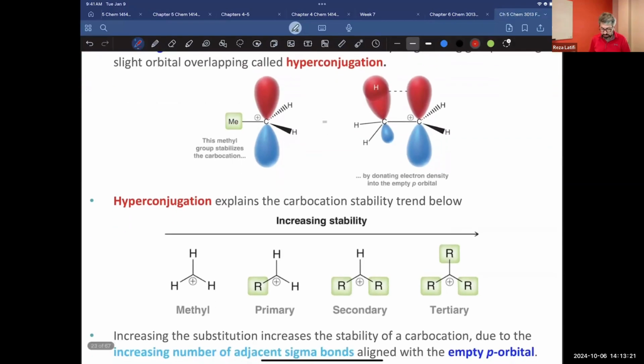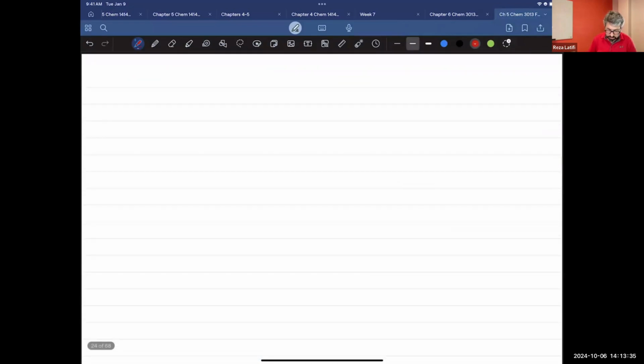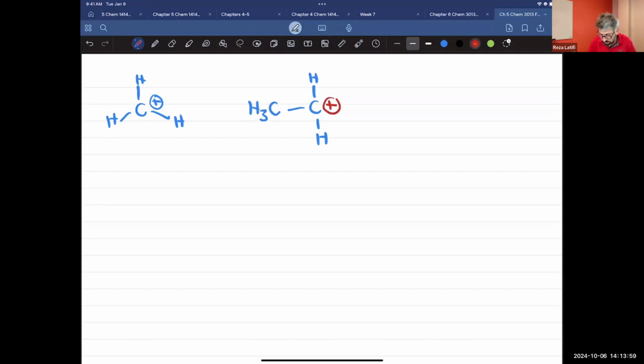And here we have methyl, primary, secondary, and tertiary. The tertiary carbocation is the most stable one. Why? Let's talk about them. The first case, we have a carbon attached to 3 hydrogens, and that carbon has a positive charge. Second case, we have a carbon attached to 2 hydrogens and a carbon, which will have 3 hydrogens, and we have a positive charge here.